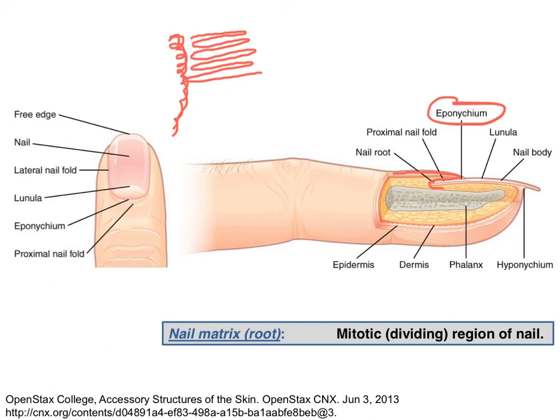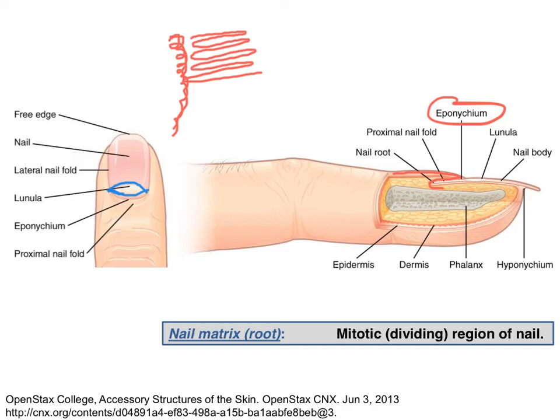One important part of the nail is the lunula, and that's this kind of half-moon shape at the base of the nail, where the nail is attached firmly to the skin. Basically, it's the part of the nail root that you can actually see. The lunula is clinically important because it is a good place to look for changes in skin tone.